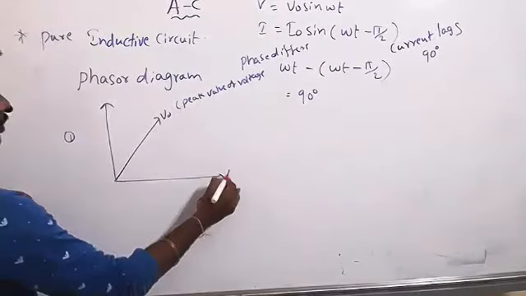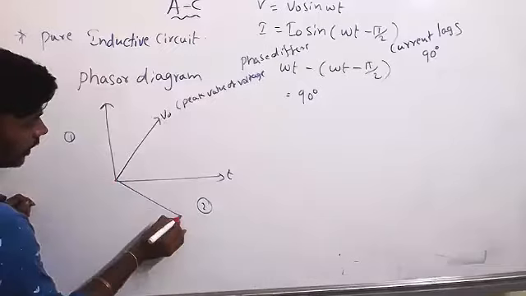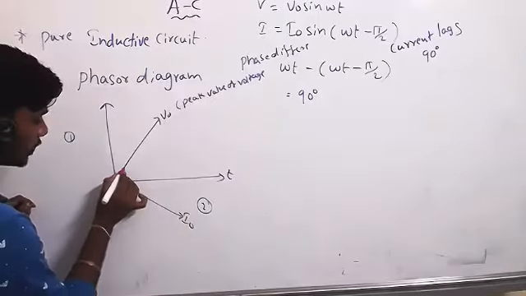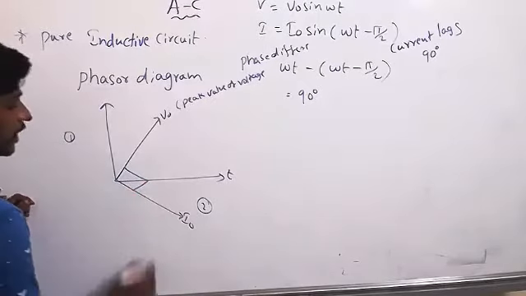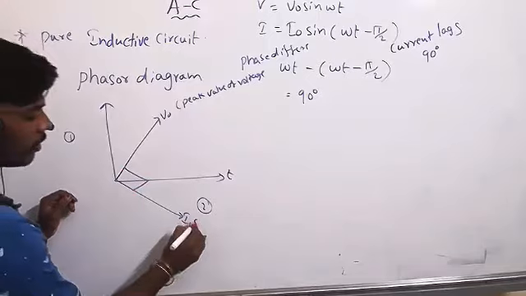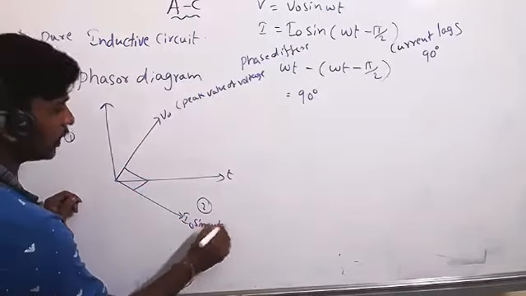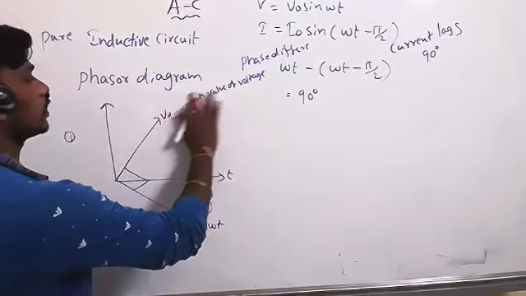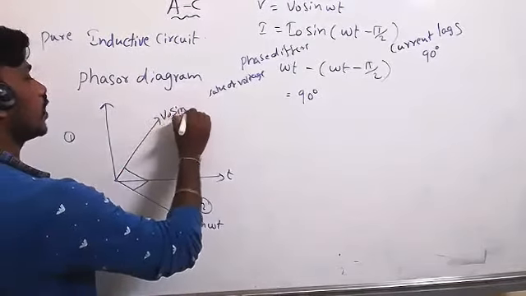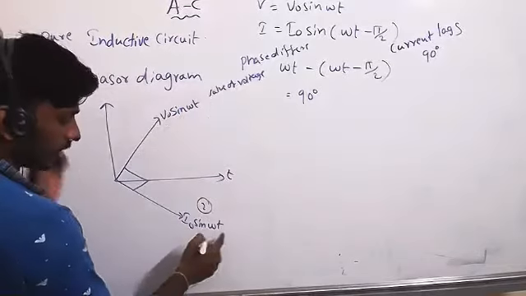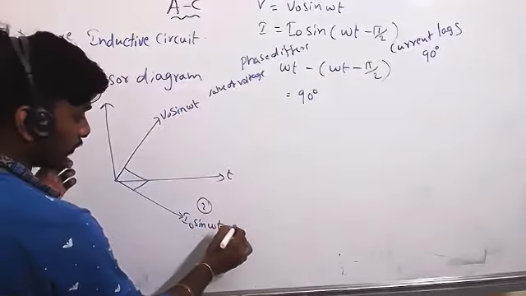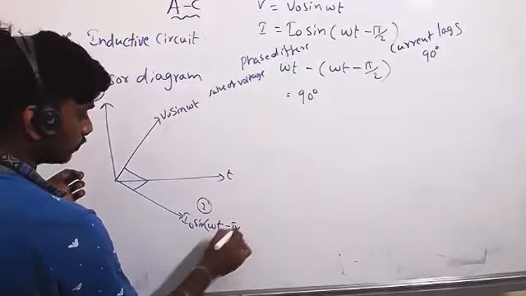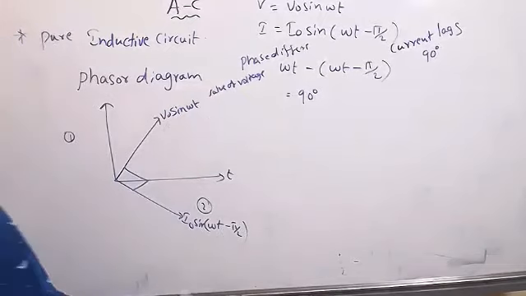Two, sir. So now we have to draw here, I naught. How much angle between these two? It will be 90. It is V naught sine omega t, and I naught sine omega t minus pi by 2.